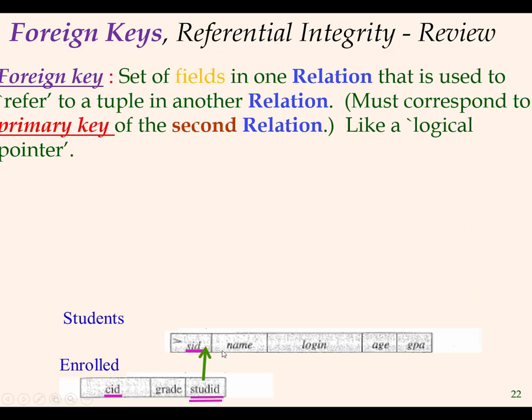Referential integrity is when you have two relations that are connected through a foreign key. So I'm using the second format for the how. And again, you can see the student ID is actually a foreign key into the student's relation, and that is the SID.